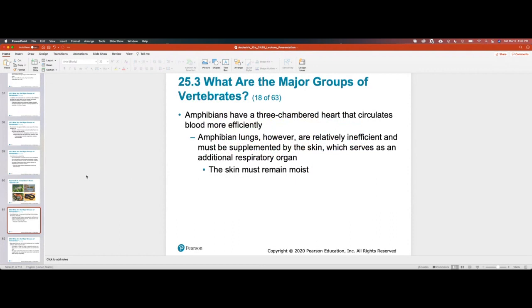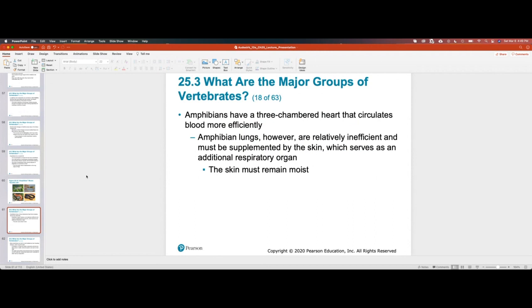Their lungs are not very well evolved compared to, say, humans and fully terrestrial organisms. So they actually can respire through skin. But if you remember from learning about osmosis and diffusion, if they diffuse gases through their skin, they're going to be taking in oxygen and diffusing out carbon dioxide.